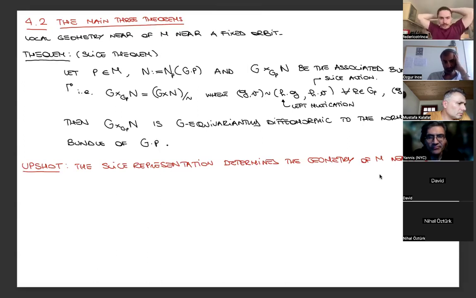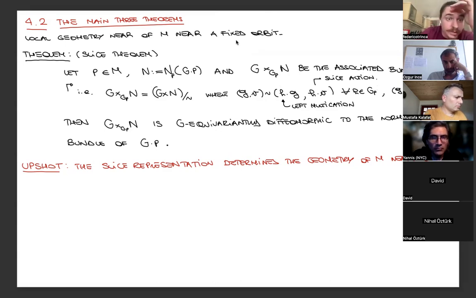So given a point P in my manifold, and N the vector space normal to the orbit at the point P, we can construct an associated bundle, where G_P, the stabilizer of P, acts on G in the usual way by the left, and on N by the isotropy representation.